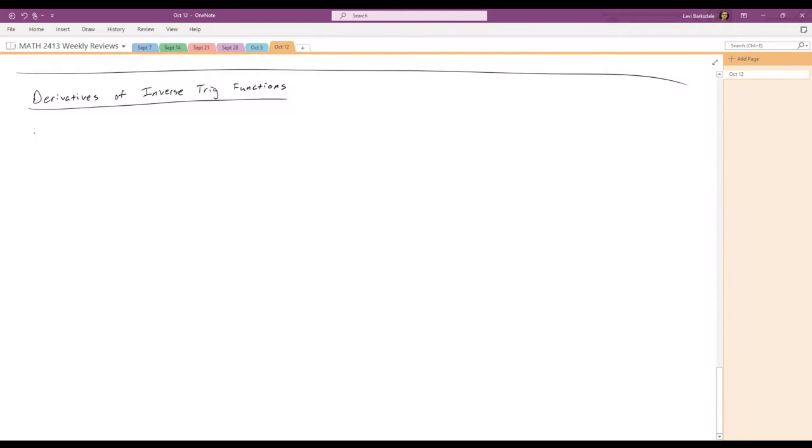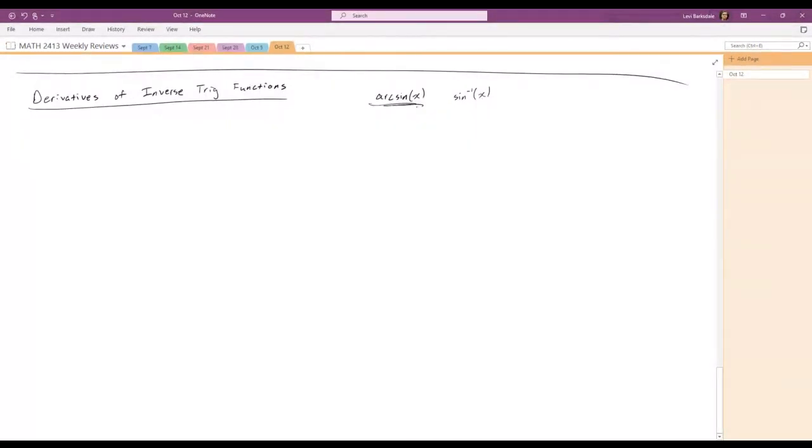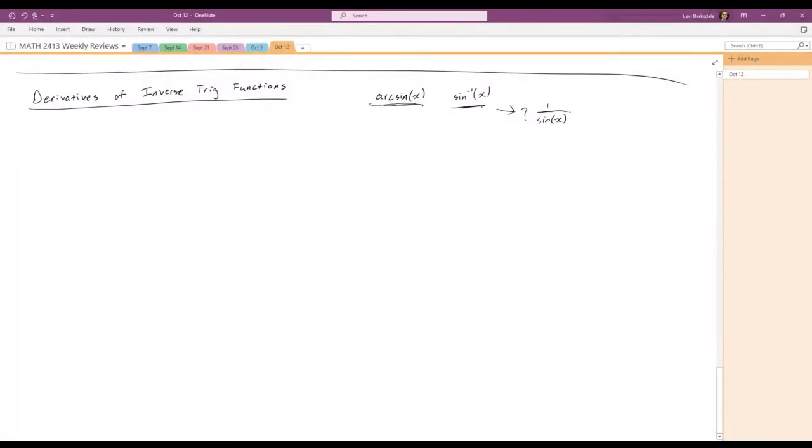First off, one thing to note, you'll sometimes see inverse trig functions written like this. You'll also sometimes see them written like this. I will exclusively use this notation because this notation gets me confused with, well, is this equal to 1 over sine of x? And the answer is these are different things.